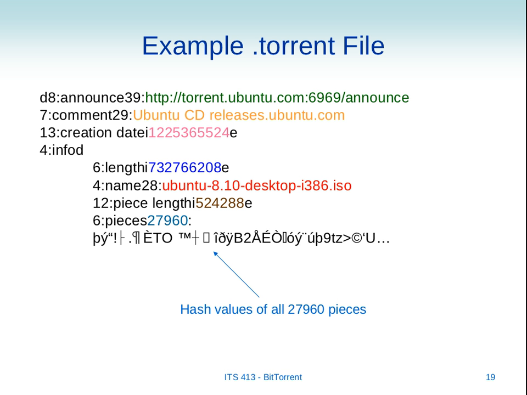The name of the file, in this example there's just one file. In general there may be multiple files in here, but in this example just one. And then the length of each piece, 524 kilobytes approximately. So that's in bytes. So each piece in the example is about 524 kilobytes.